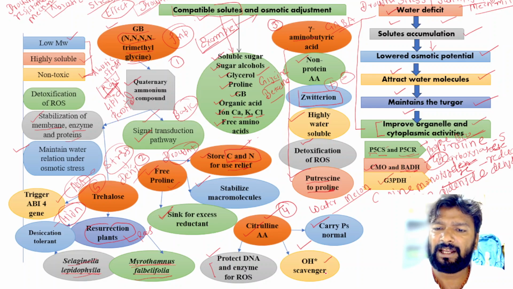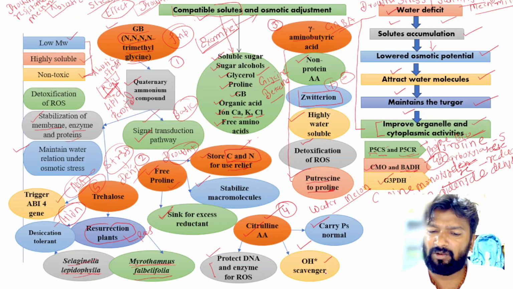Like gamma aminobutyric acid, it acts as a zwitterion, and is also highly water soluble. Glycine betaine is involved in the signal transduction pathway. Then free proline acts as a sink for the excess reductant. Trehalose is involved in dehydration tolerance or desiccation tolerance. Citrulline carries out normal photosynthesis and also protects DNA.